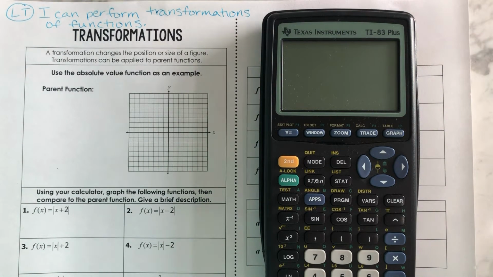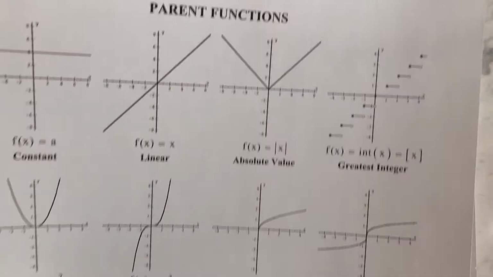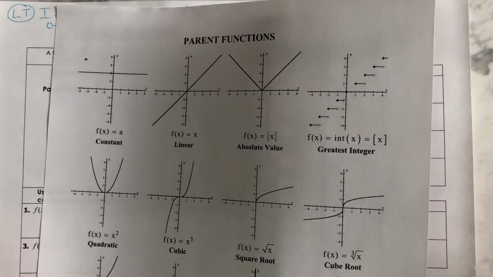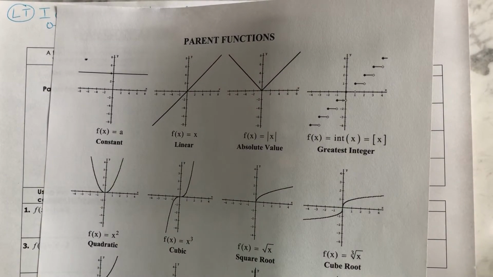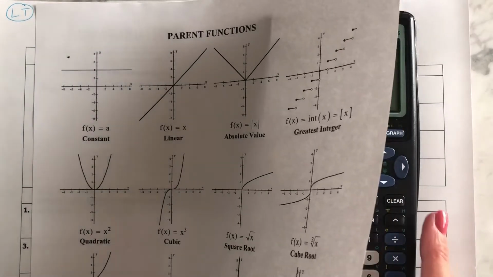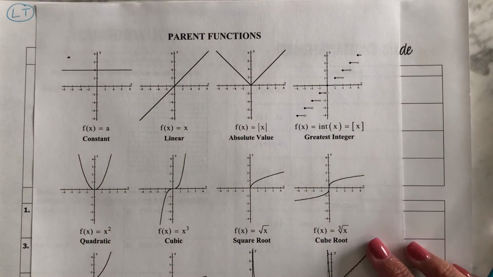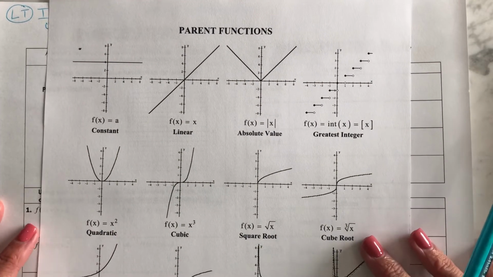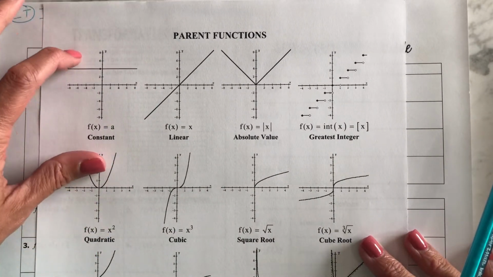So the first thing we need to talk about is a parent function. What is a parent function? I've attached to this lesson a sheet of parent functions. If you go over that, you'll see there are many different parent functions. Depending on the equation and the graph, that's how you know what it is.